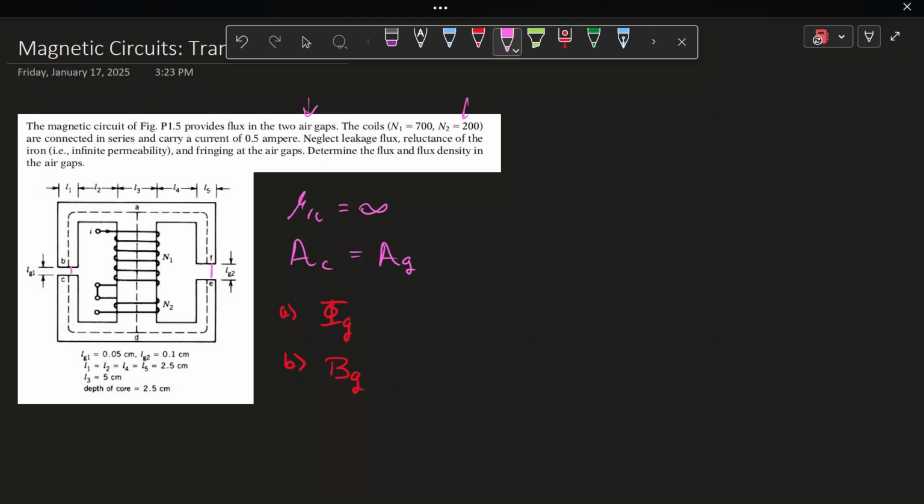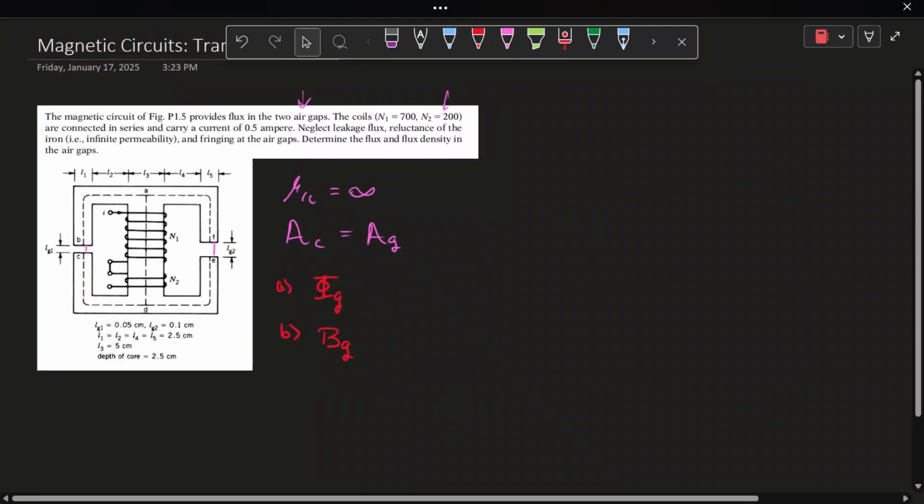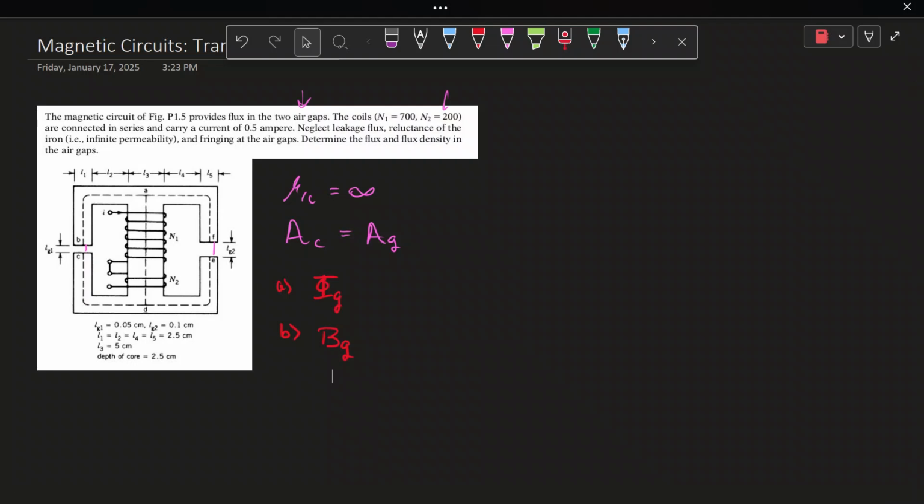Okay, so really what I've come to do first in these types of problems is draw our magnetic circuit, our circuit model for this transformer core. The way we're going to do this is we have to model this transformer core in terms of resistance and also the air gap in terms of resistance.